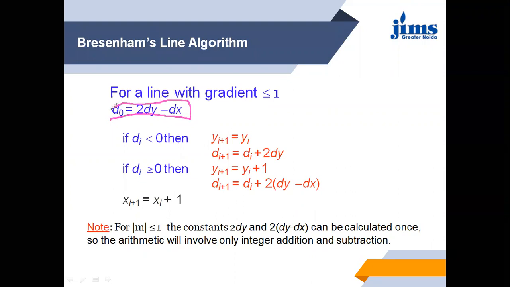If di is less than 0, then we have to draw the lower pixel.